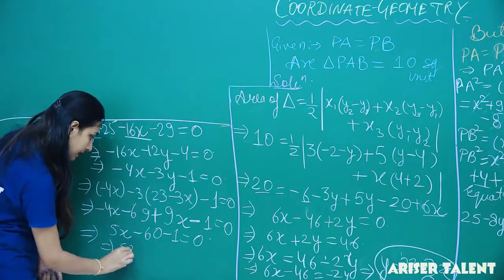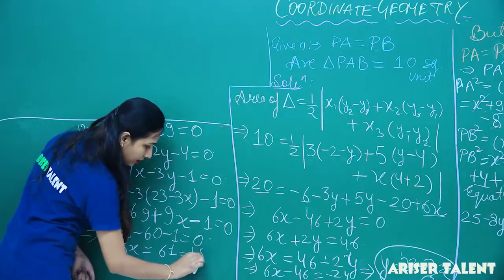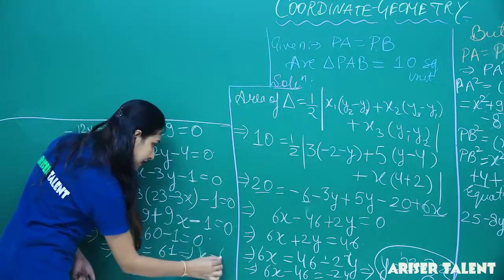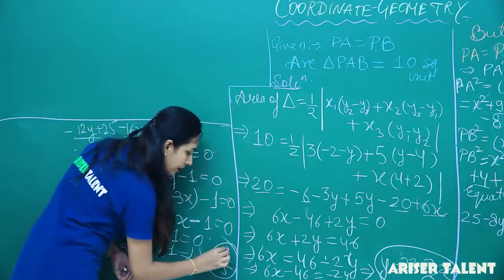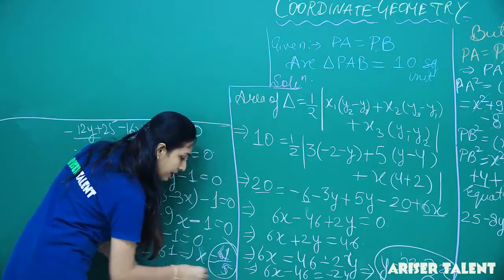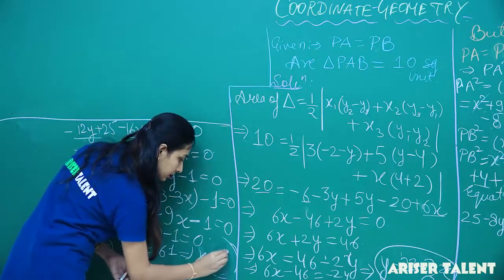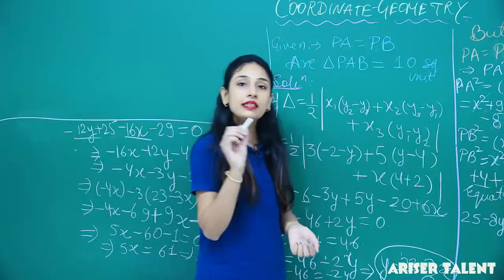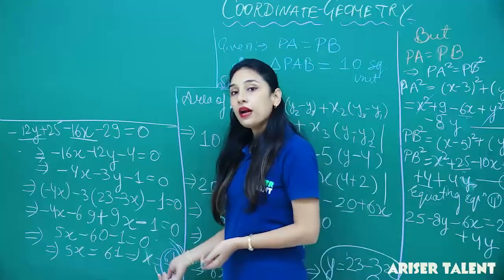From there that will be 61. So x will be 61 by 5. That means the abscissa of the point C will be equals to 61 by 5.